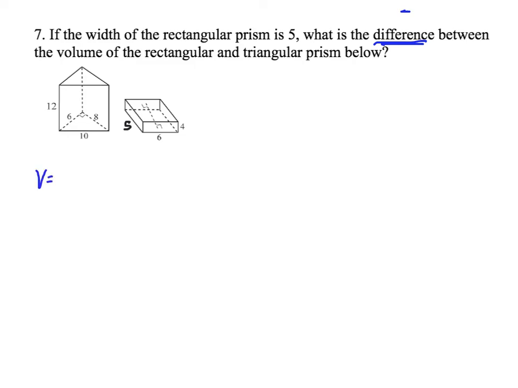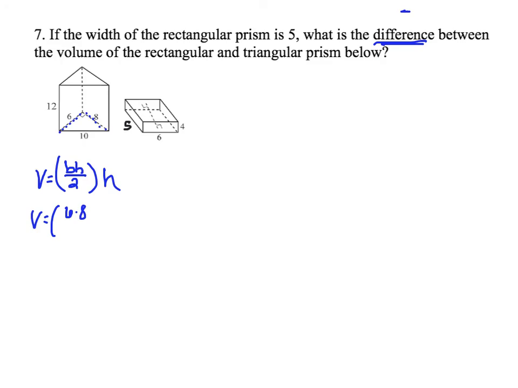For my triangular prism, base times height divided by 2, again, always write your formula, times the height of the whole figure. The base of the triangle: this one is tricky. Remember we said the base and the height of a triangle always have to form a right angle, which means that the 6 and the 8 are the base and the height of the triangle because they form a right angle.